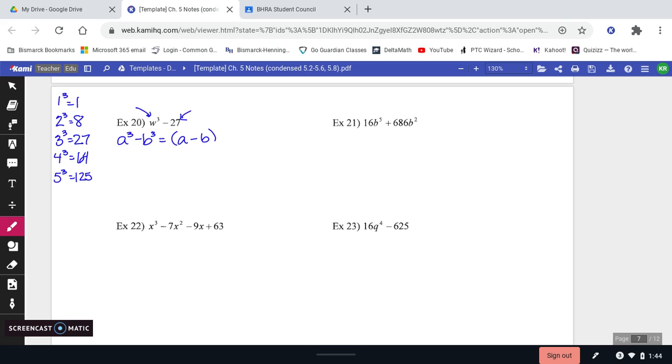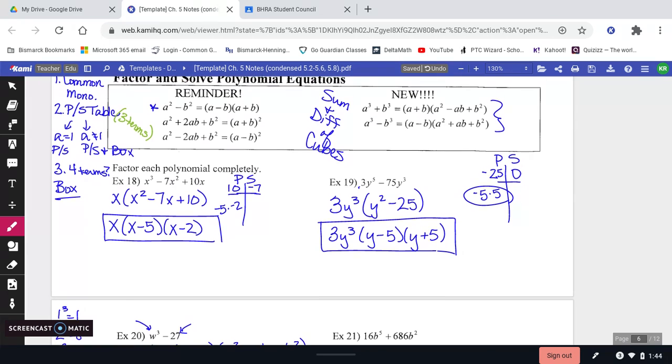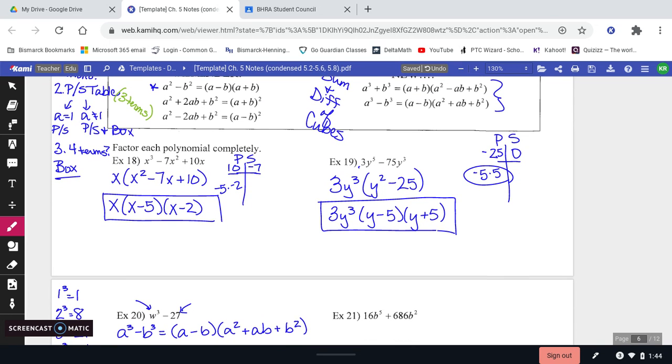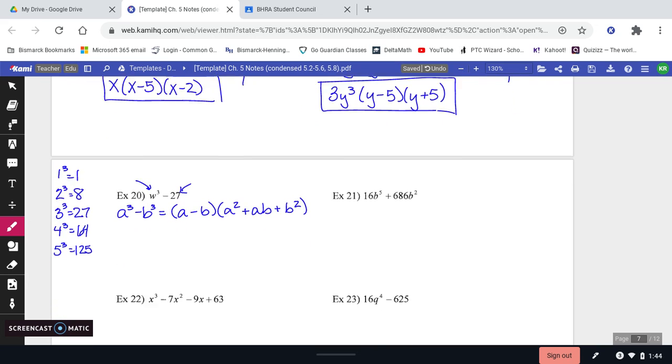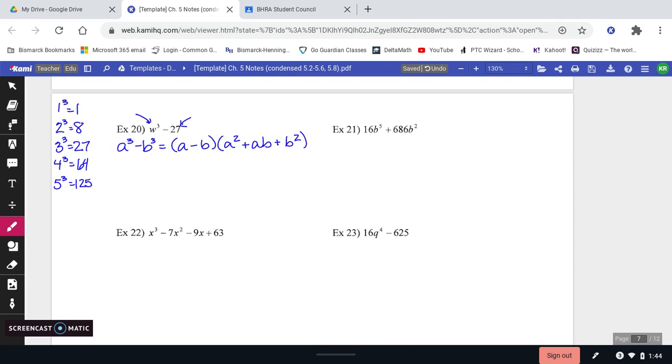So what we're going to do is we're just going to follow the pattern. Okay, so all I've done here is I have just transferred this difference of cubes pattern. Okay, so now I'm going to figure out what my A is and what my B is, and then I'm just going to follow the pattern.